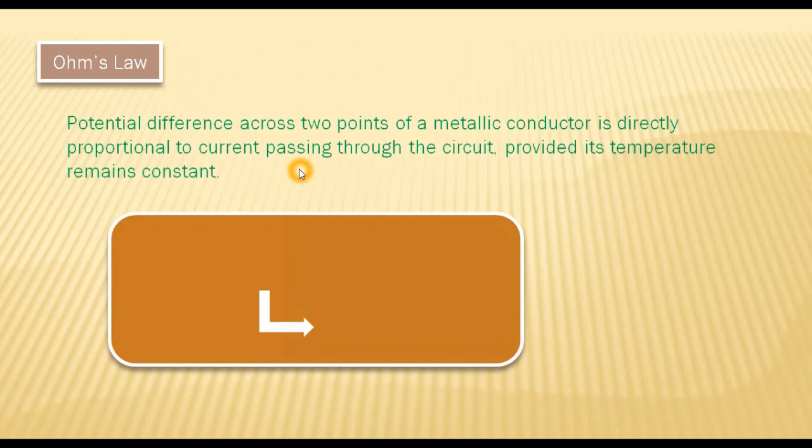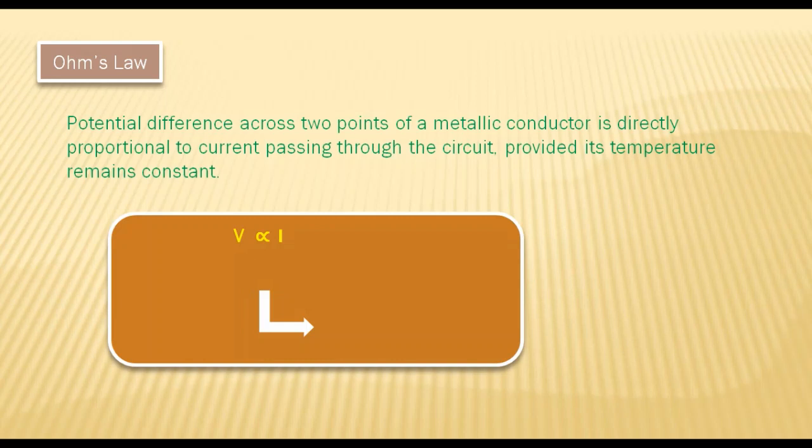Now, what do we mean by this? This means that at constant temperature, current that is flowing through a conductor will be directly proportional to the potential difference across its ends. So it means if current I is flowing through a conductor and the potential difference across its ends is V, then as per Ohm's law, that potential difference V is directly proportional to current I, right?